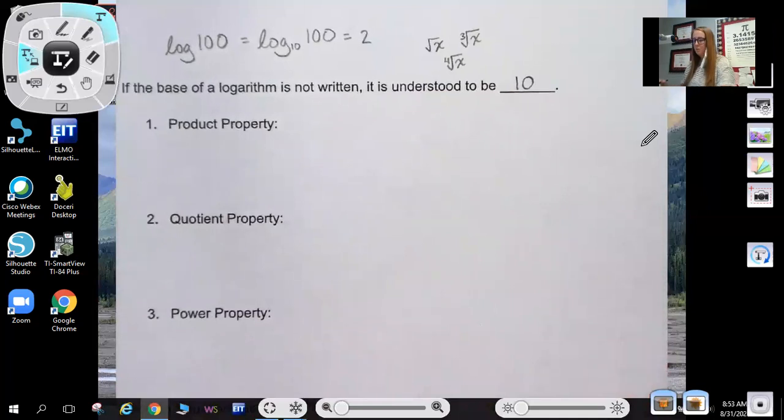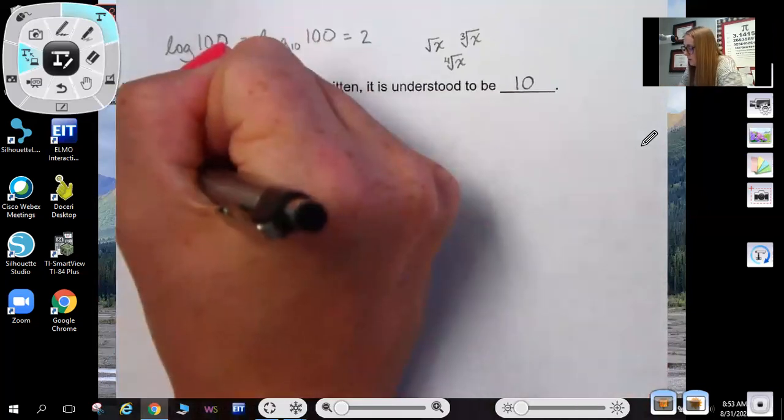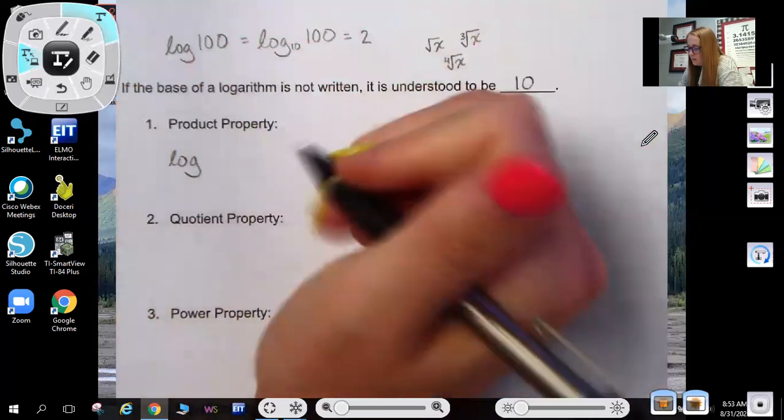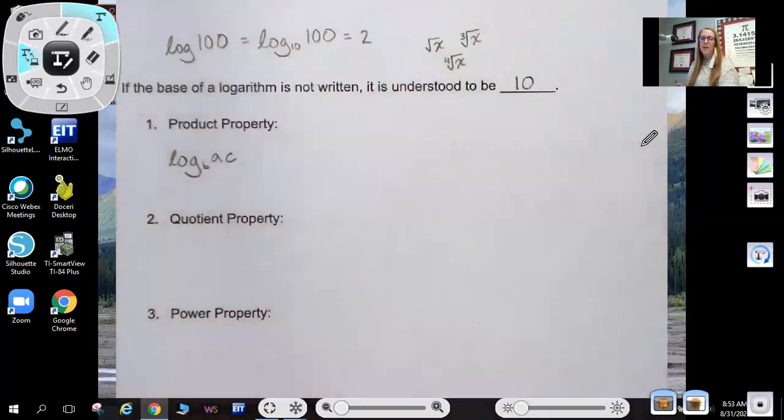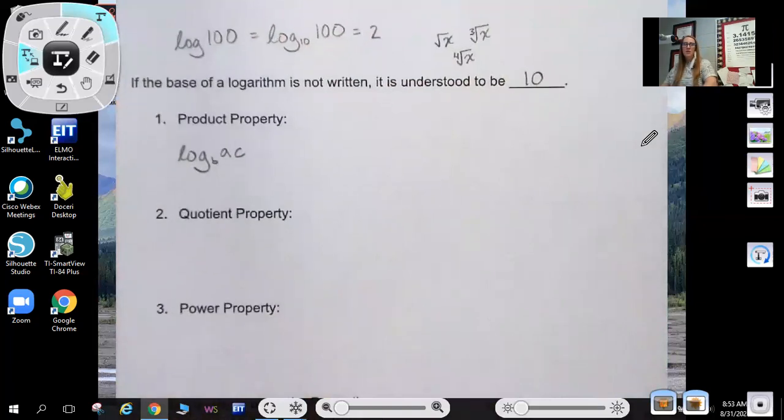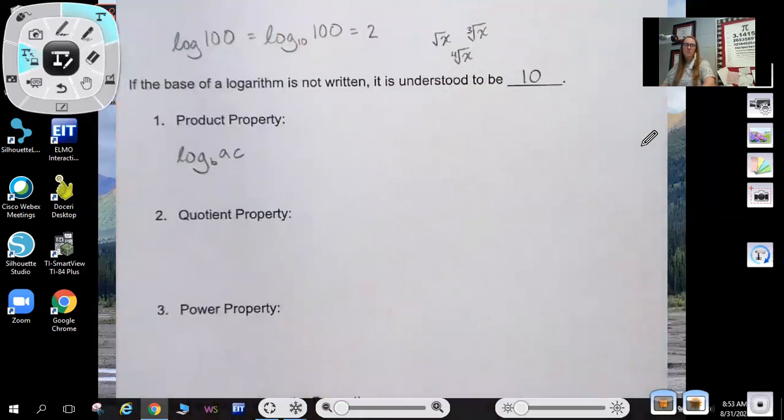The first one is called the product property. So let's say we have log base b of a times c.